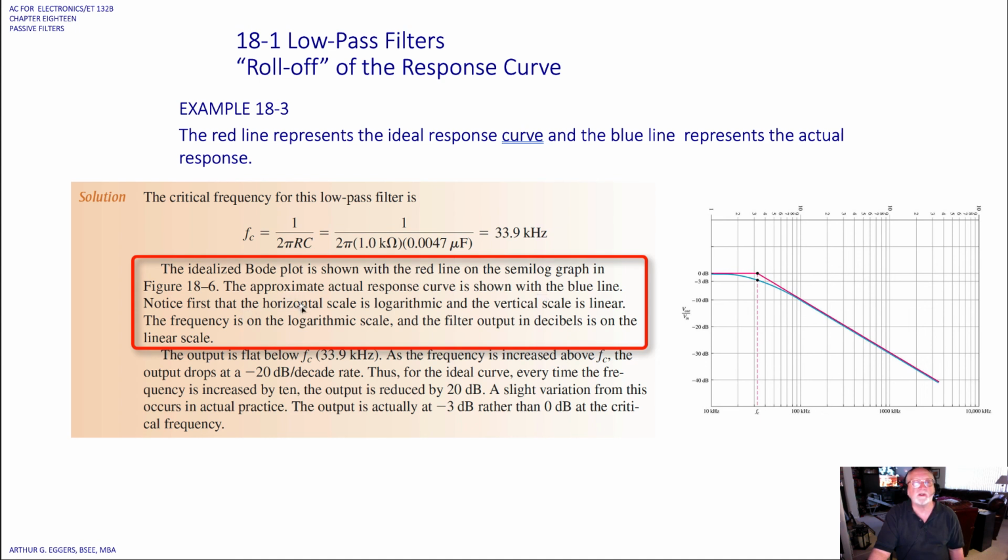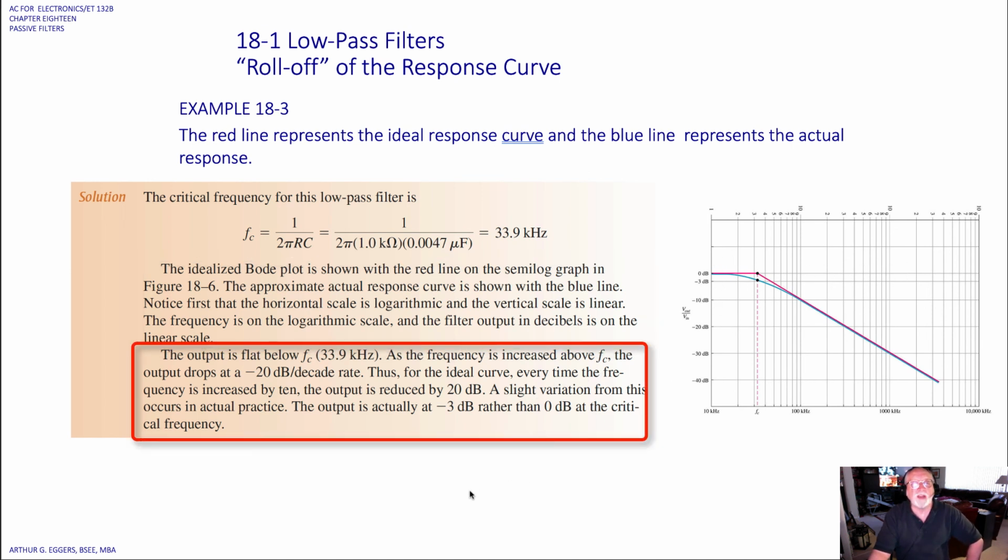Notice first that the horizontal scale is logarithmic and the vertical scale is linear. The frequency is on the logarithmic scale. The filter output in decibels is on the linear scale. So you've got a mix here. This is your semi-log paper. The output is flat up to 33.9 kHz, the critical frequency.